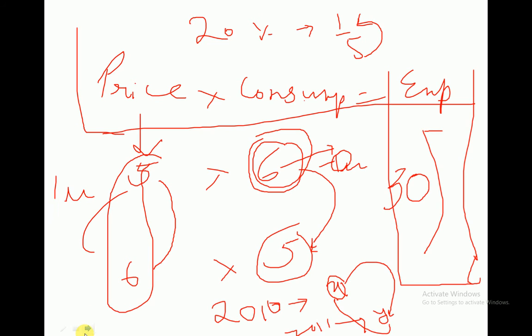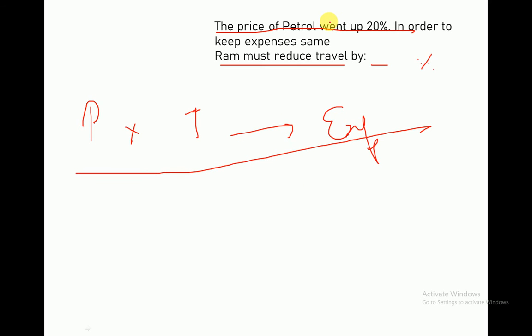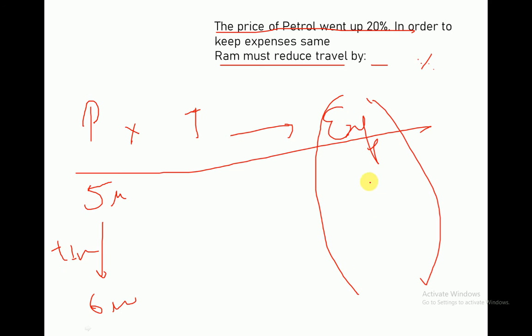Now let's see what our question has asked us. So price into travel would be equal to expenses. Now the question says the price of petrol went up by 20%. So from 5 units it got to 6 units, and then it asks if the expenses have to be kept constant, then by what percentage Ram must reduce his travel.